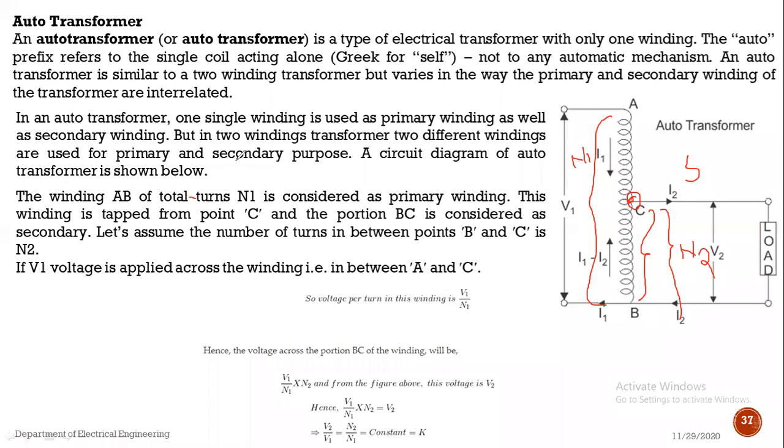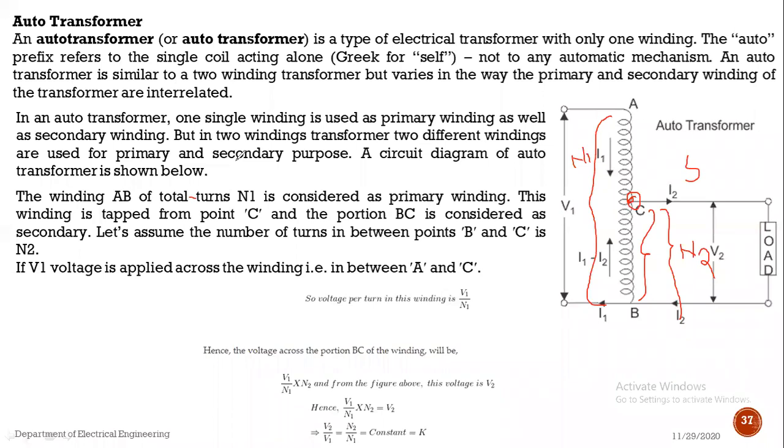Tapping is nothing but connecting at a particular point. Generally, in Marathi, we say putting a hook. So it is nothing but we are tapping on that particular point; at that point we do the tapping, that is, we put a hook.